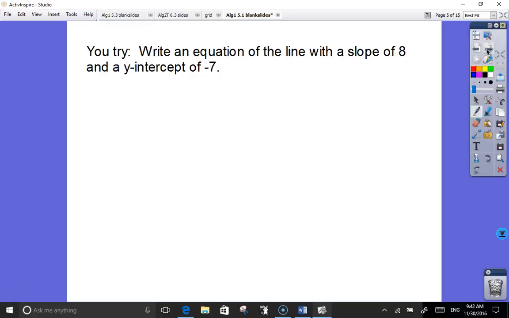Right, so how did it read? Y equals. What goes after the equals? 8x - 7. Okay, we're just filling in for the given information.